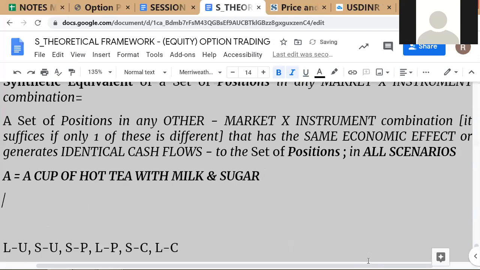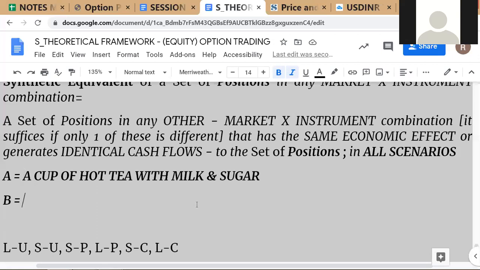We are going to assume that time and effort are not important. For the sake of this example, we'll assume that time and effort are not important. So you can remember this example, and hopefully this helps you to understand the idea of a synthetic equivalent.